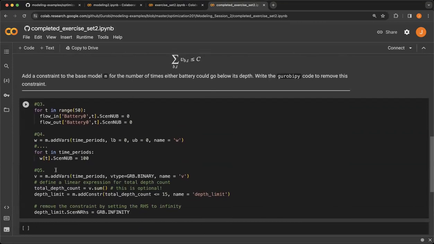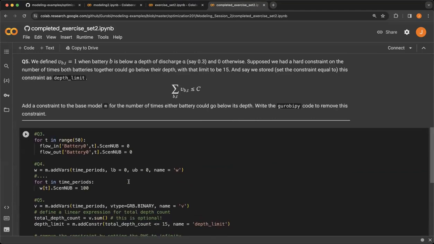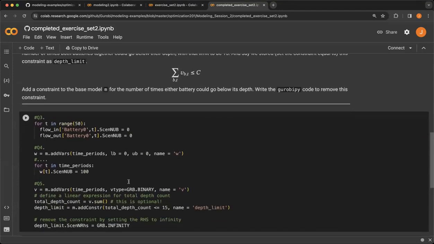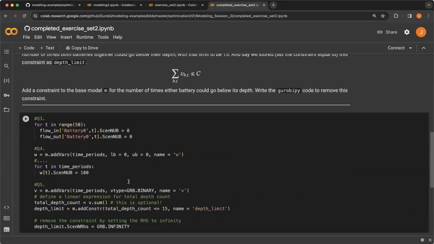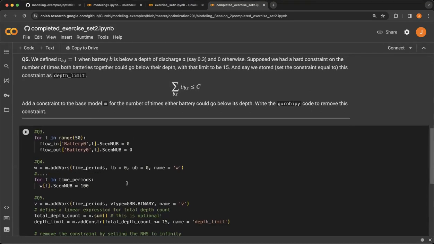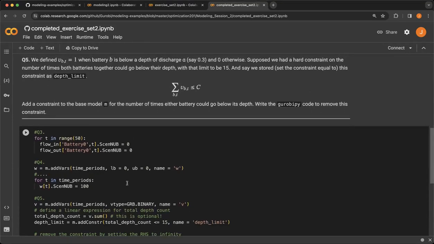Add a constraint for that, and then add the scenario code to make that constraint go away.